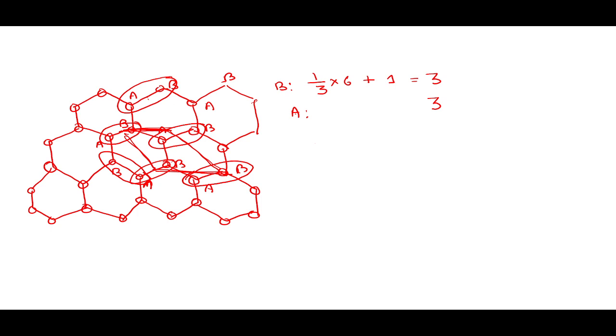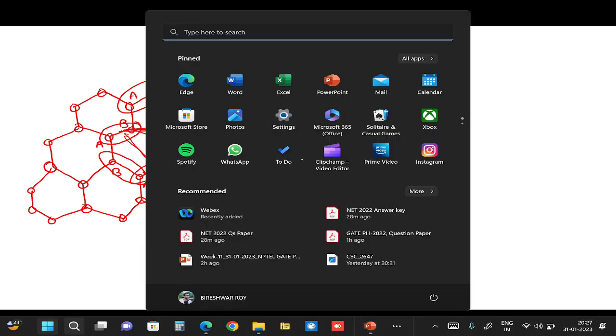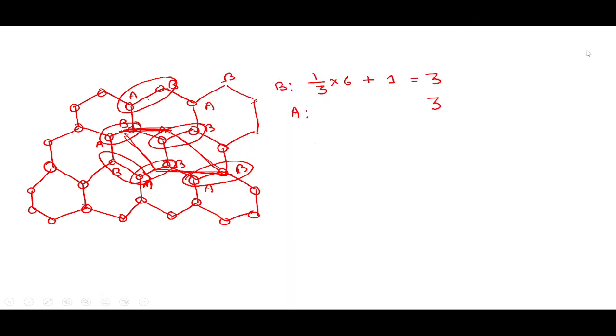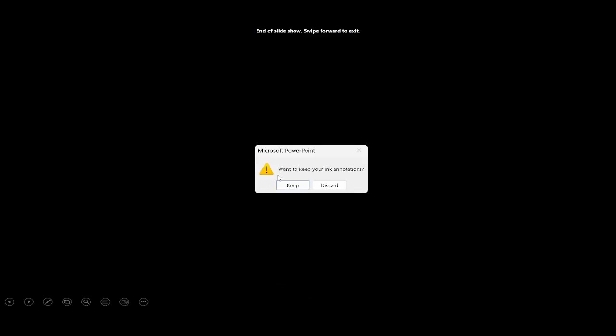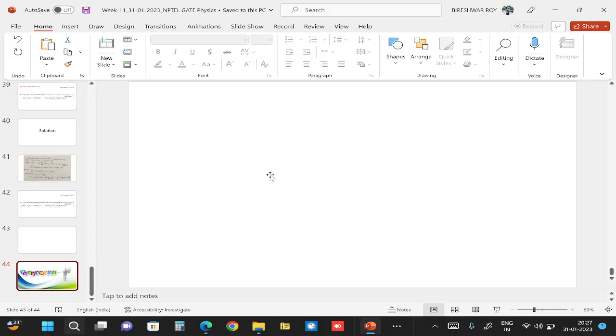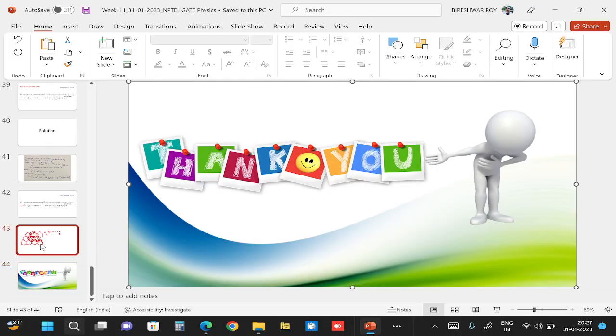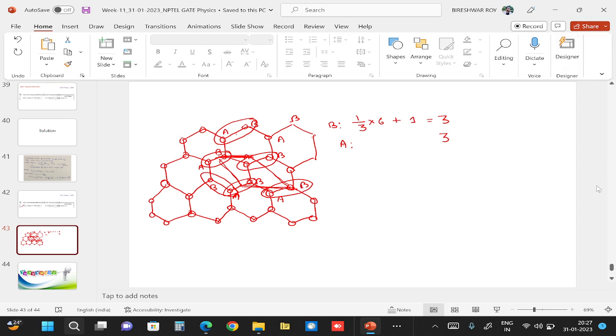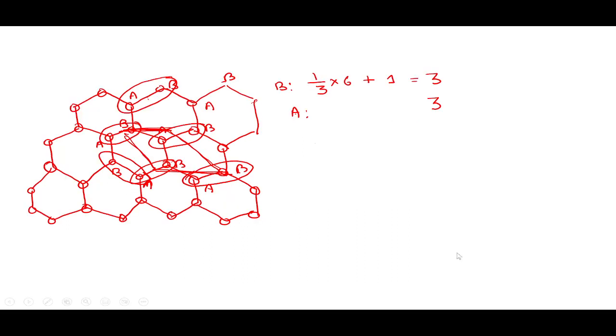Sir, I want to confirm whether this is indeed the answer, because it is written in the statement that this is the primitive lattice with two bases. That's for sure, and that is correct, obviously. Okay, I'll check this and I'll send you a mail to confirm.